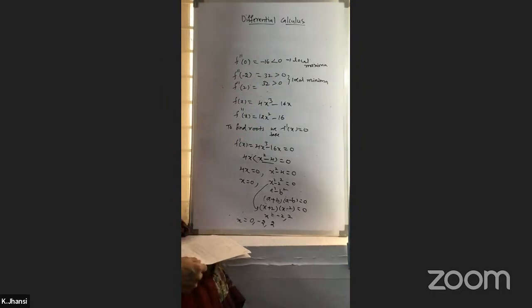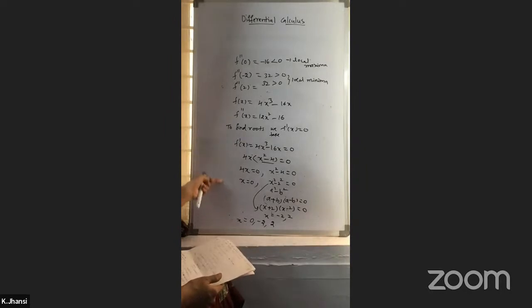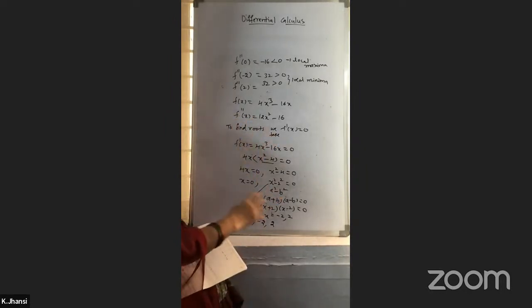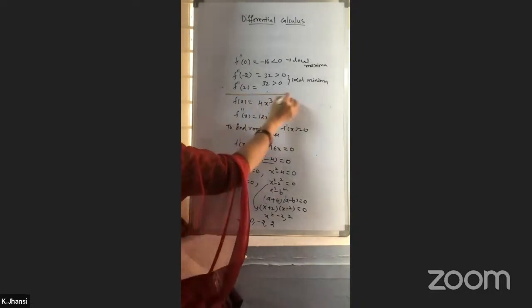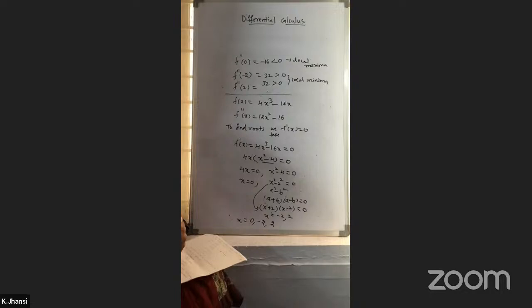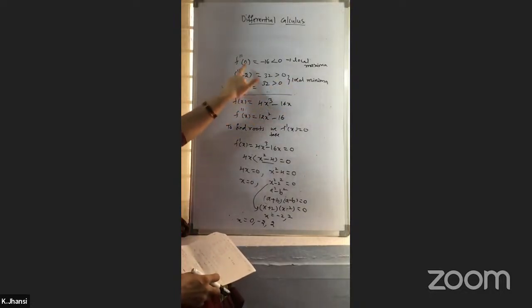Like this you have to solve the problem whenever they ask to find the local maxima and minima. Based on this, you have an example problem in your textbook, and with the help of that you write the sentences. So the local minimum points are 2 and minus 2. The local maximum point is only one, that is 0.